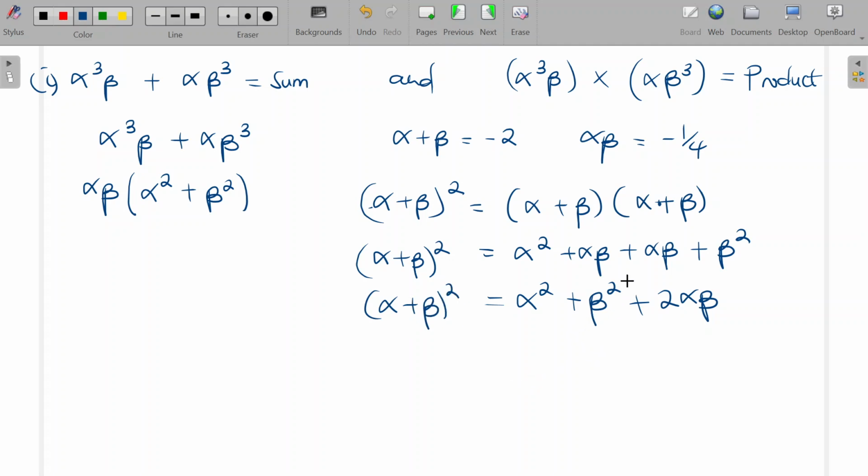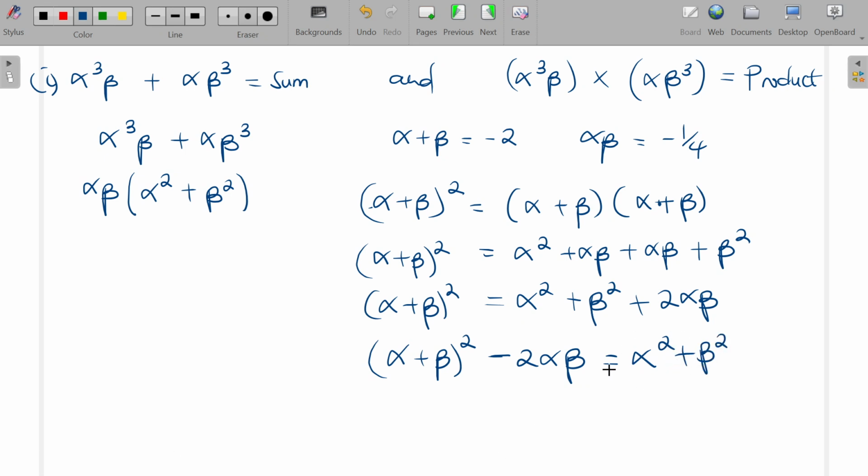So now you want this component, which is here, okay? Because you want this component, you're going to take this one to this side so that you can find the value of it. When you take this one this side, you're going to have alpha plus beta squared minus 2 alpha beta, because when it goes this side it becomes negative, is equals to alpha squared plus beta squared.